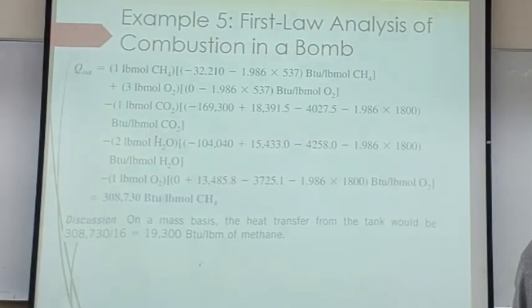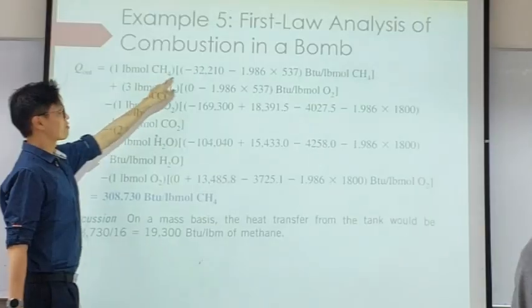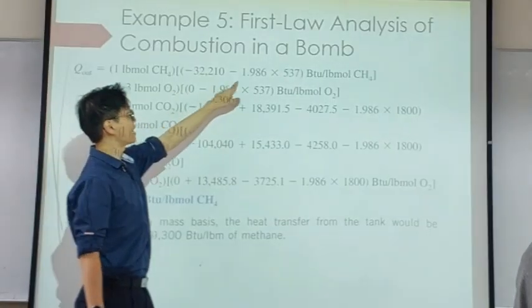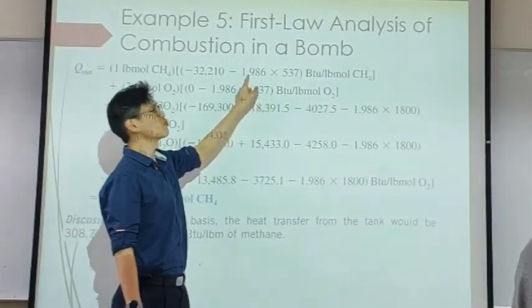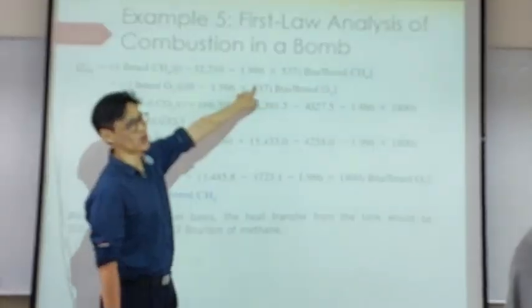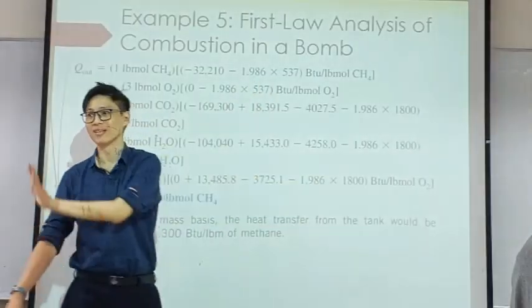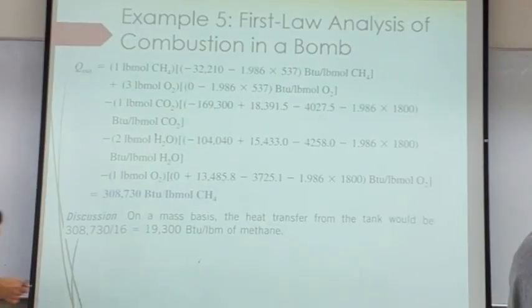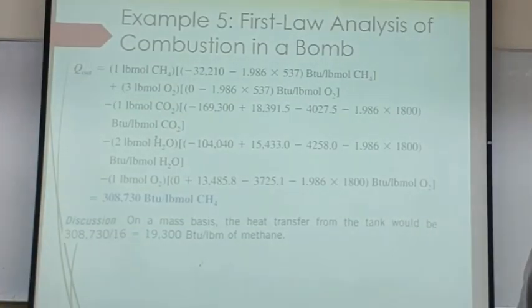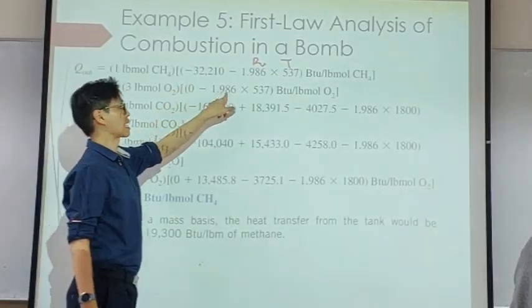So then you can see from here. So CH4 formation, and then RuT. So this is the Ru for imperial units. That's all. So you can see here, so this is RuT. Then oxygen there's no formation, so it's 0. Then again, same thing, RuT minus.